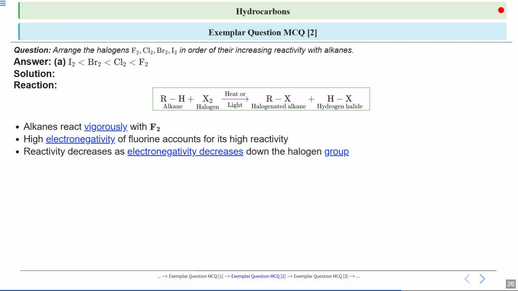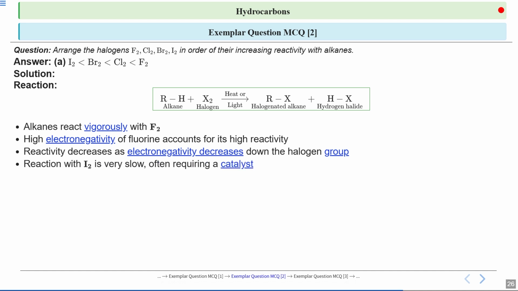Next, as we move down the halogen group from fluorine to iodine, the electronegativity decreases. This decrease in electronegativity corresponds to a decrease in reactivity. It is important to remember that the less electronegative an element is, the less reactive it tends to be in this type of reaction.